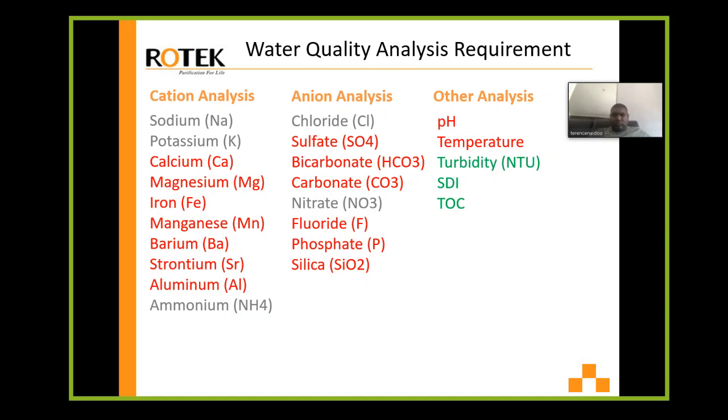The report I'm getting for this type of water: turbidity is 0, TOC was 1.5, which is okay, but SDI is something we always miss, right? The SDI reading was 5.3. SDI is basically the particles in the water that are bigger than 0.45 micron.